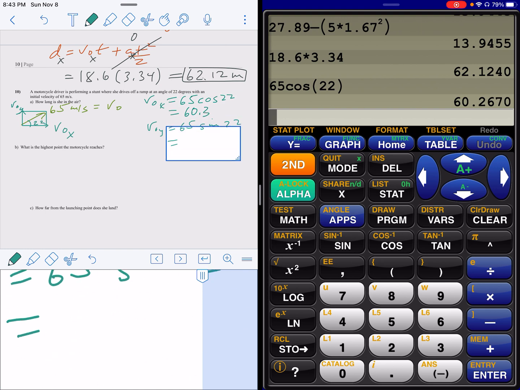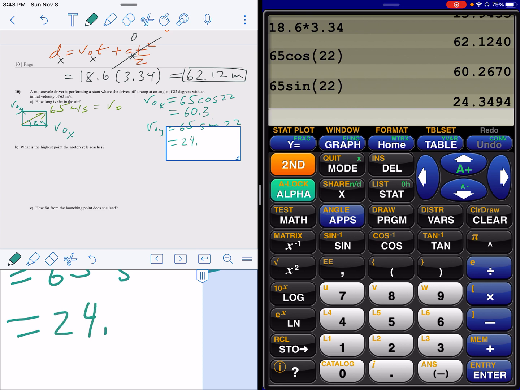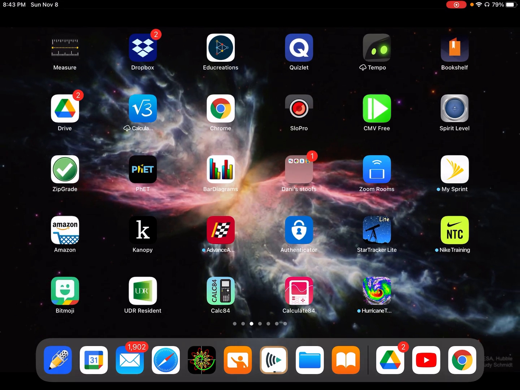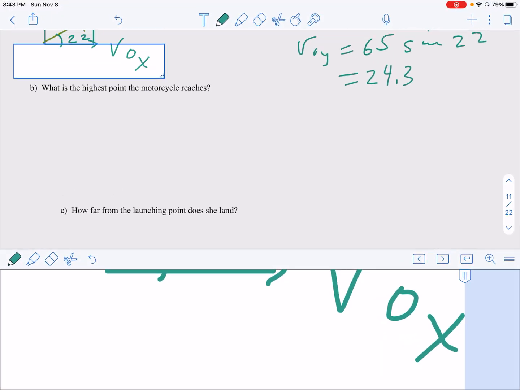And then for this one, 65 sine of 22, 24.3 for that one. Okay? First thing you have to do is find the x and y components.